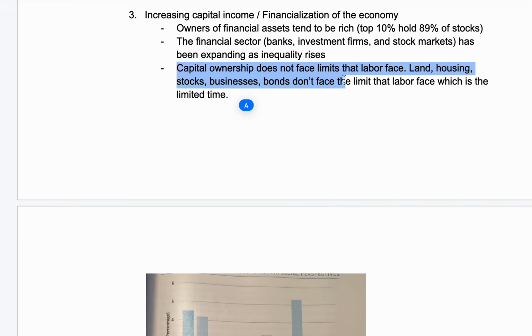So capital ownership does not face the limits that labor faces. Land, housing, stocks, business, bonds do not face the limit that labor faces, which is limited time or other things. So imagine you're labor. You wanna increase your labor income. You need to be productive. You need to be more efficient. You want to be a more valuable laborer so firms can pay you more.